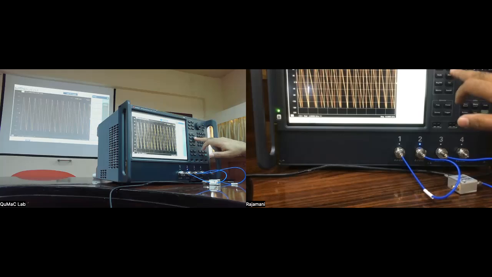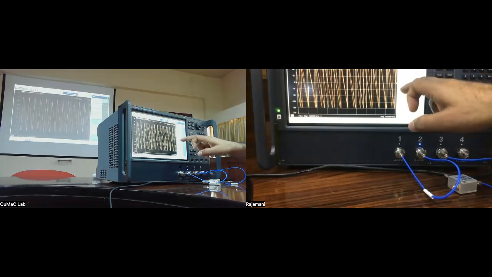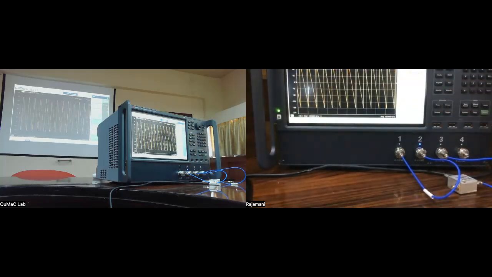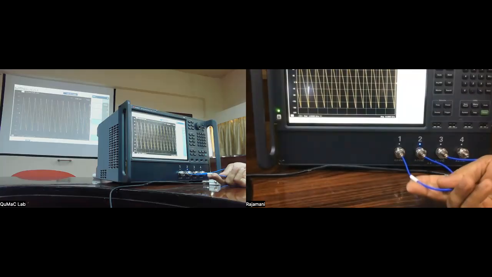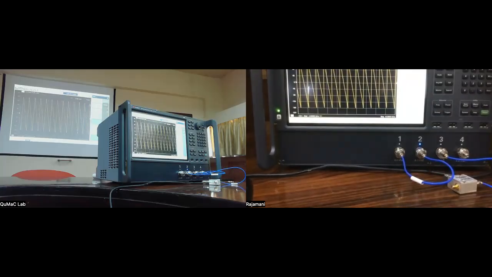Let me get rid of the memory. This is S21. So right now I only have a coaxial cable connected between ports 1 and 2. And this is S21.